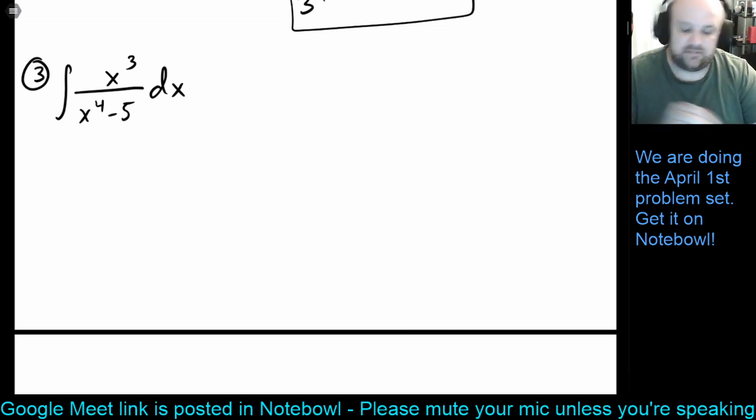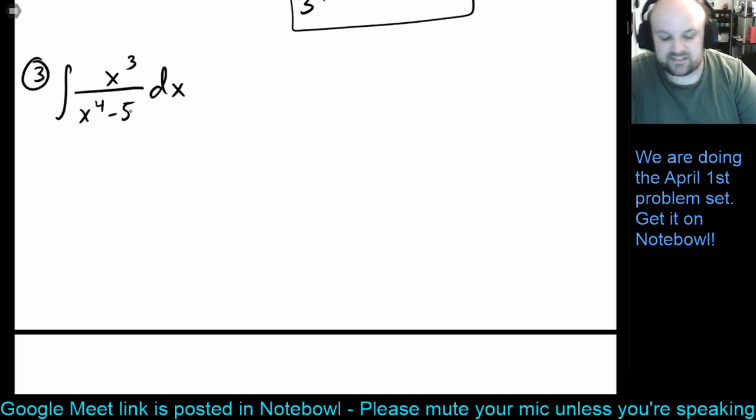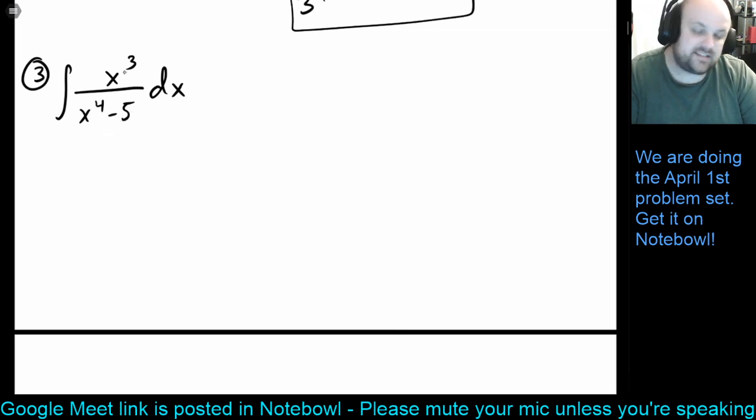That turns out to be the bottom. If x to the 4th minus 5 were on top and the x cubed were on bottom, we wouldn't really have any issue. Or even if it were just x to the 4th on bottom and x cubed minus 5 on top, we wouldn't have much of an issue because we could just divide it out.